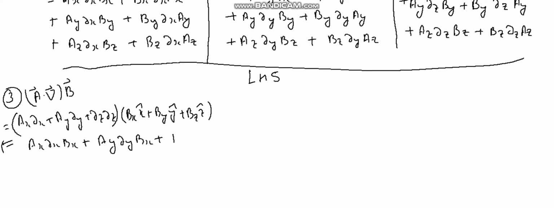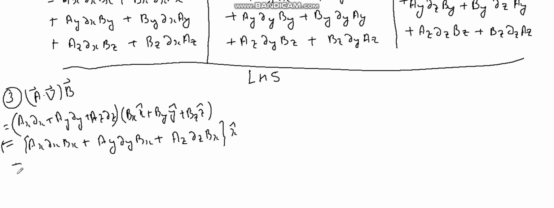So I'm deleting this. This is actually Az. So now we have Az del z Bx, and these all will have the x component.